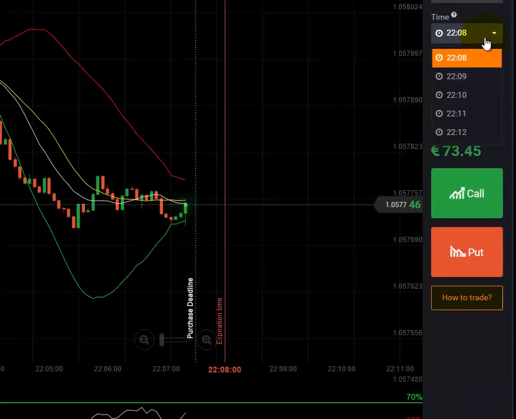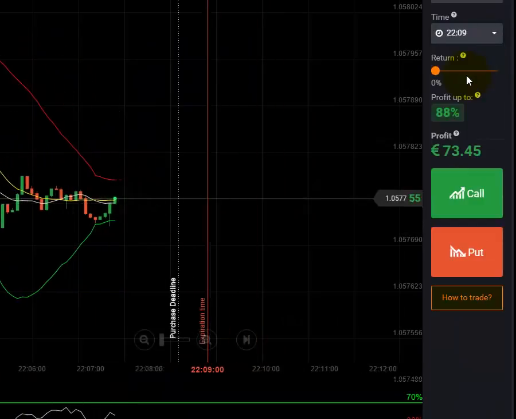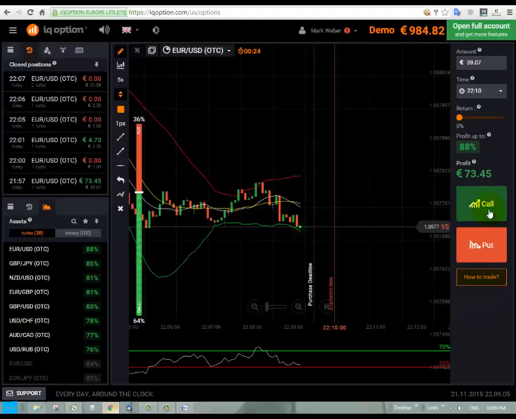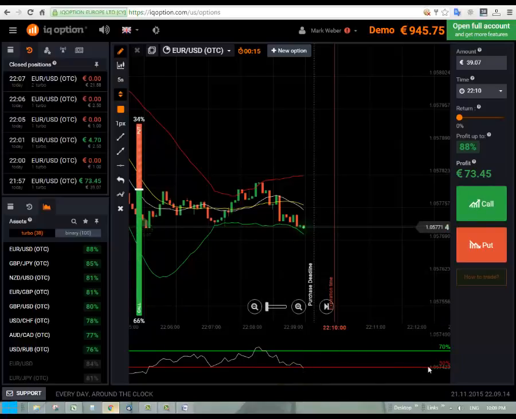It seems that we will lose also this one, so we will change for the minute. Now we will make the call. You can see that the RSI hit the 30% oversold indicator.